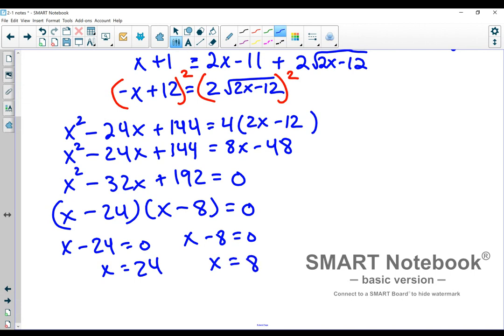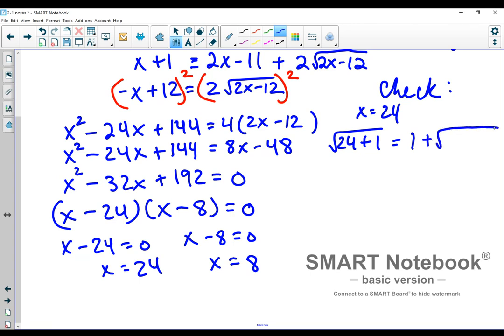So now to check. And again, it's really great if you can figure out a system so that you're not always checking. So when I check, I'm checking 24 first. So that would be the square root of 24 plus 1. I'm having to go back on a piece of paper where I wrote it down and check. And then it would be 1 plus, because we've got to go back to the very original problem, the square root of 2 times 24 minus 12.